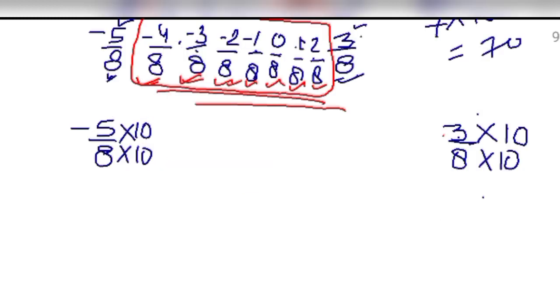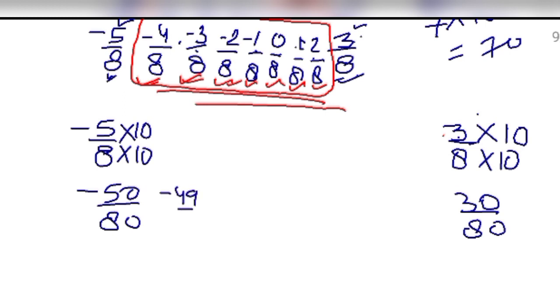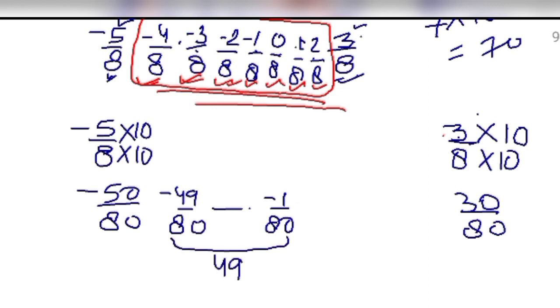Okay. So this is minus 50 upon 80 and this is 30 upon 80. So let's check. Between minus 50 upon 80, minus 49 upon 80 to minus 1 upon 80, how many rational numbers are there? 49 rational numbers, 1 to 49. No?